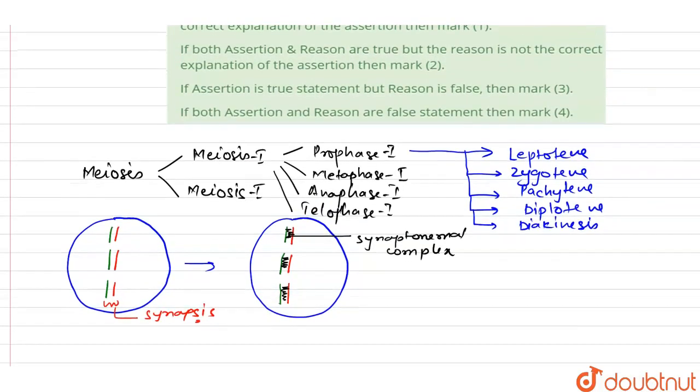Then during the pachytene stage, chromosomes start doing crossing over. Crossing over means they exchange segments with each other.